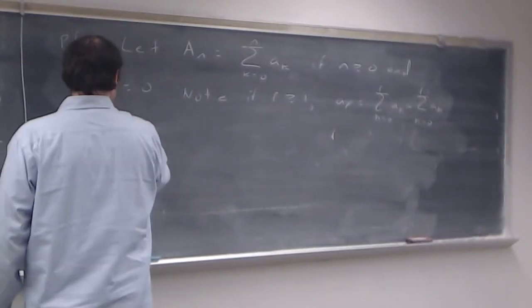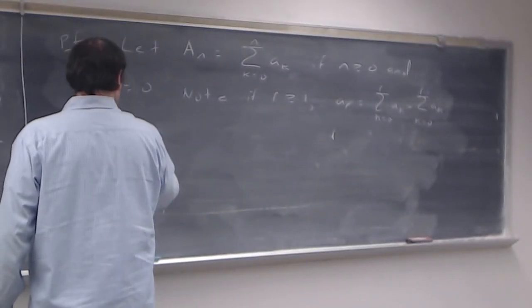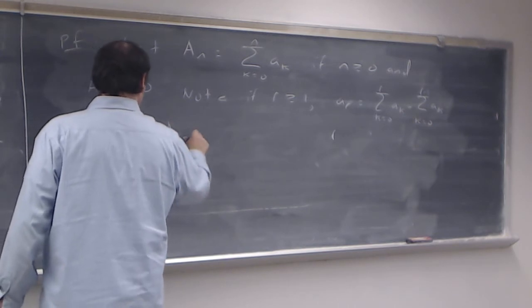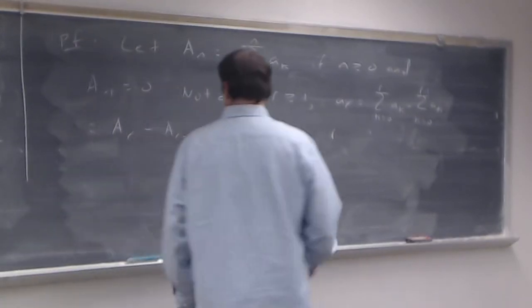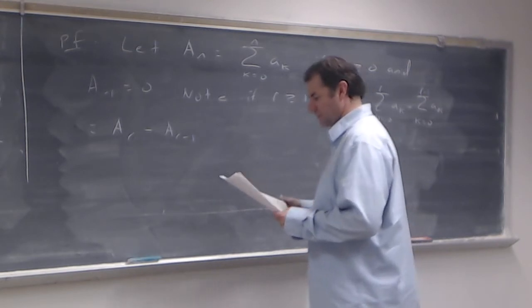But that's equal to big A sub r minus big A sub r minus 1. Those are the partial sums.